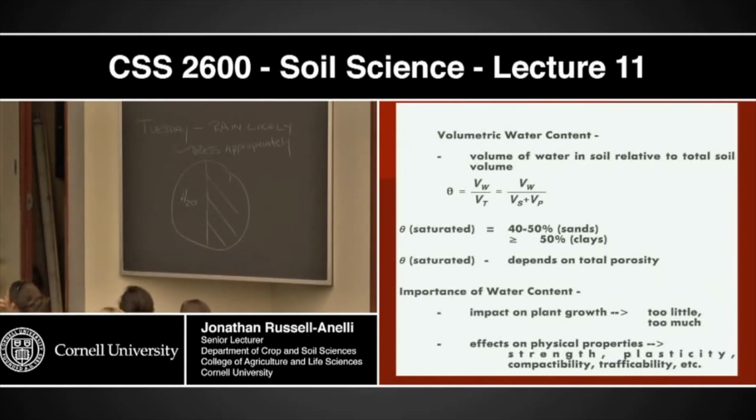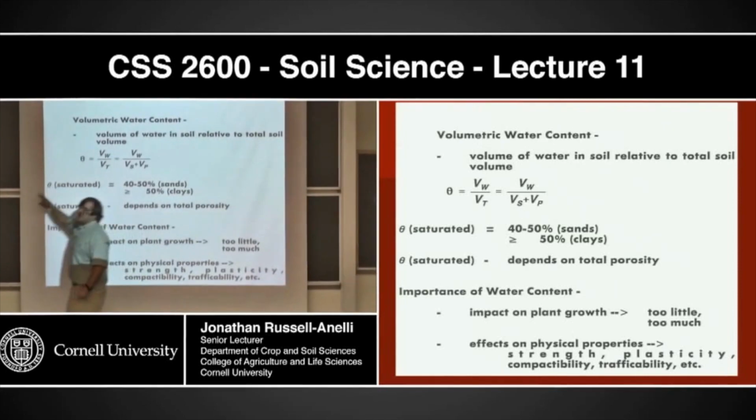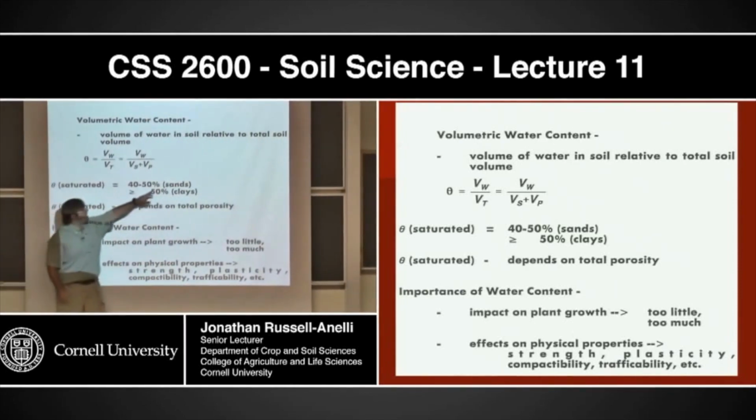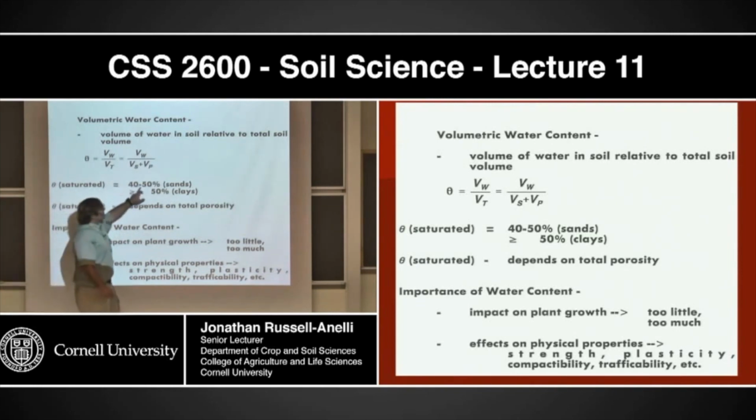So when you see something like this, my theta saturated of a sand is basically 40 to 50%. That makes sense now because you have to take into account that other percentage of that total volume. Okay, now sands, 40 to 50% theta, that's a saturated soil.